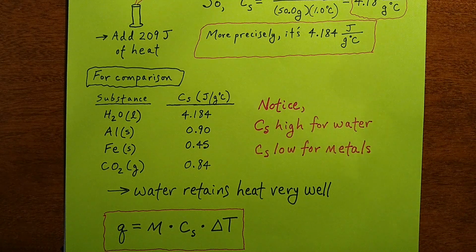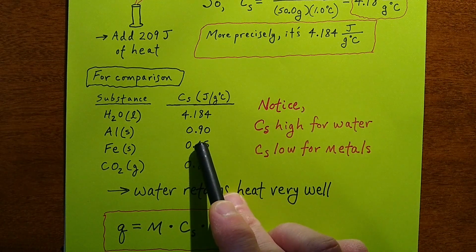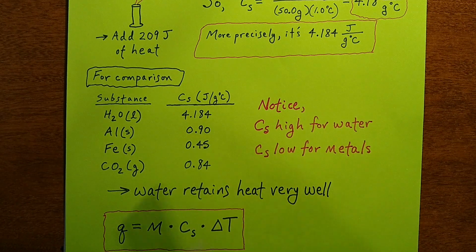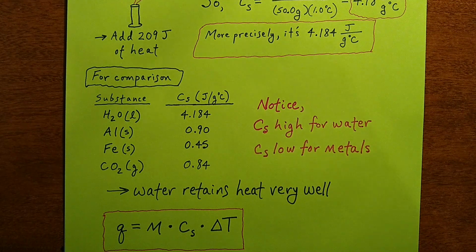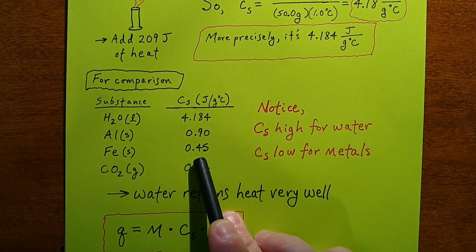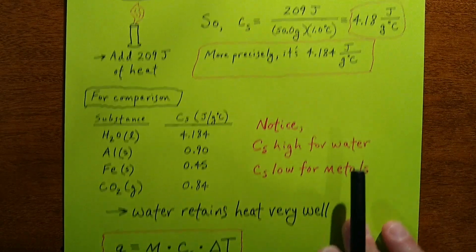And it takes a lot of energy to heat it up. If you take a piece of aluminum foil and stick it in a really hot oven, you can pretty much immediately grab it once it's out of the oven because it has a low specific heat. That number is a reflection of the fact that aluminum metal loses heat very fast and heats up very fast, as does any metal like iron.